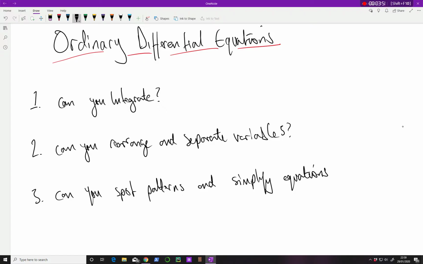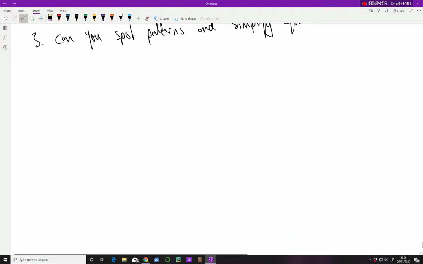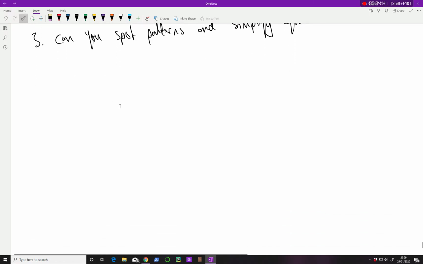And especially if it's a trigonometric function, you can simplify it into something that's easier to work with. Yep. So in first order differential equations, separating variables and basically do you know how to integrate is as simple as this particular example here.